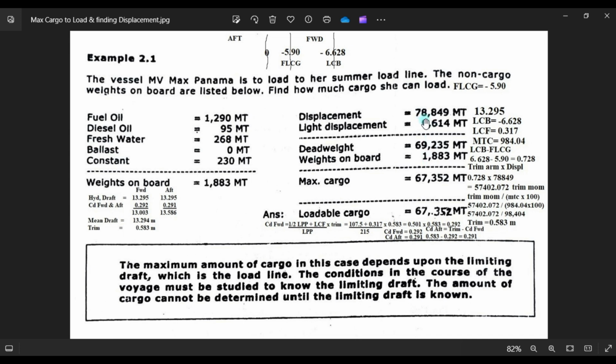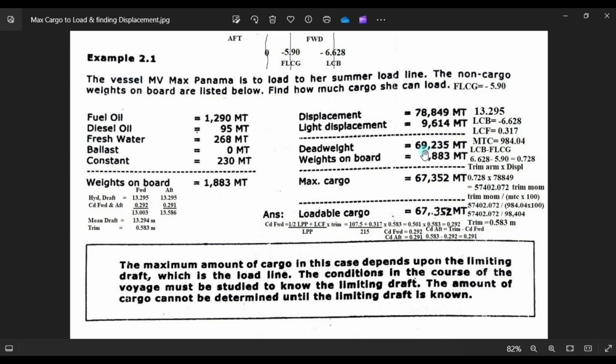So 78,849 minus 9,614 will be 69,235. Okay, so this will be your dead weight. Now with your dead weight, you less it with your weights on board or non-cargo weights.